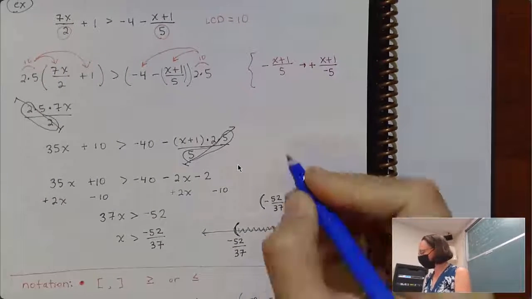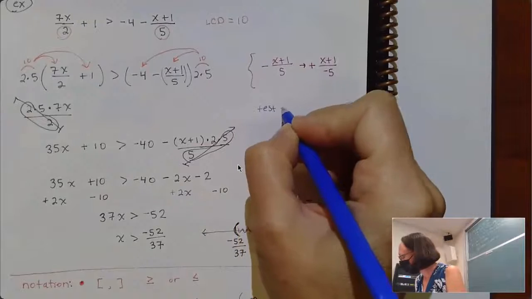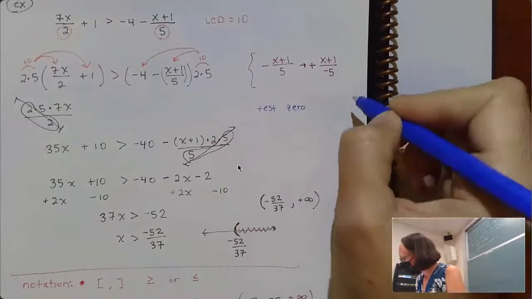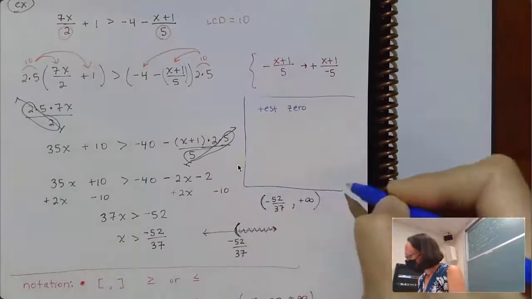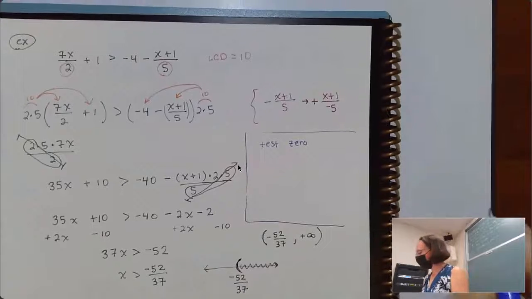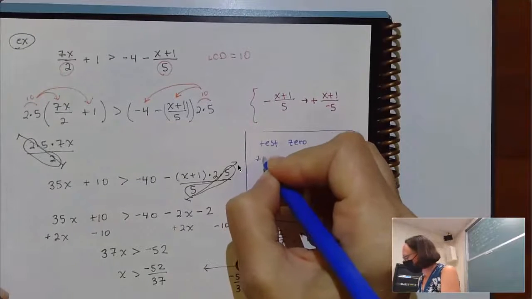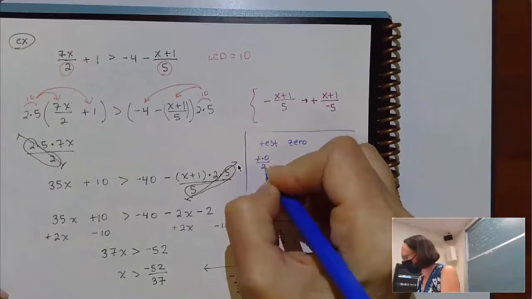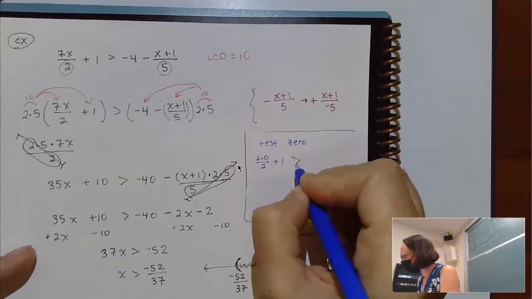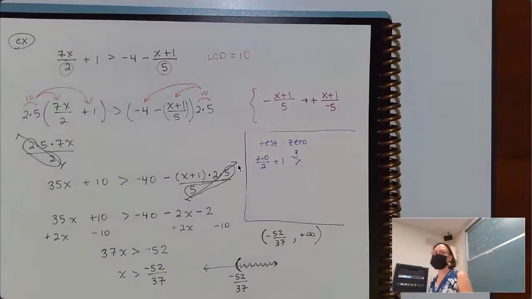0 is over here. So I was going to come up here and test 0. So if we test 0, then I've got 7 times 0 over 2 plus 1. And I always put a little question mark over it if I'm checking something, because I don't want to say it is for sure bigger.